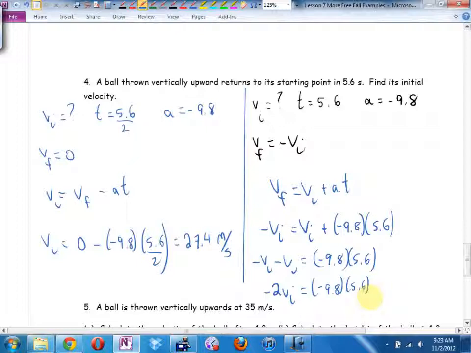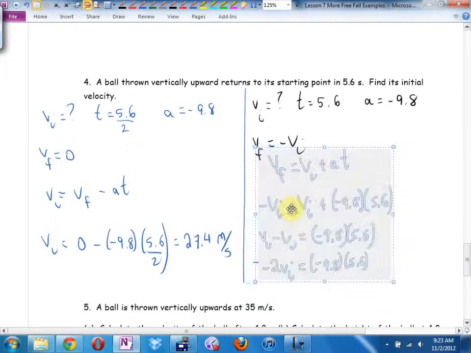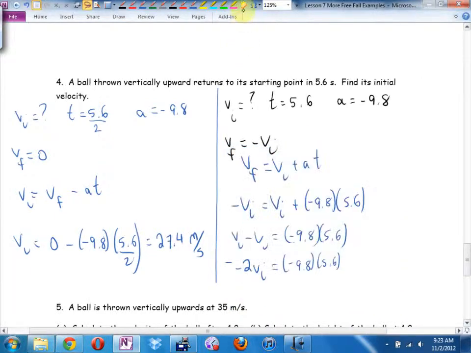And how would I get the VI by itself? Running out of room, Mr. Dewick. Oh, I love this, though. Yeah, move it up, move it up. Except I lost a negative along the way there. That negative went with that guy. How would I get the VI by itself? What's the negative 2 doing? Timesing, so how would I move it over?